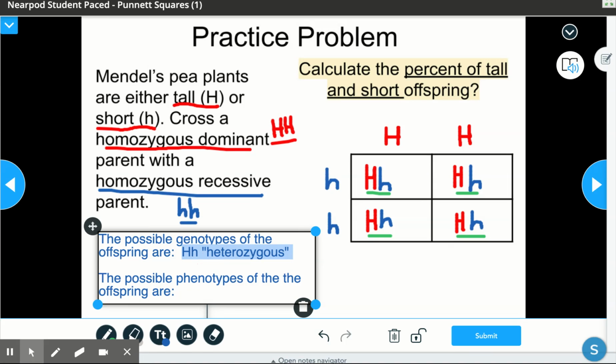That means that allele is the one that's going to determine the phenotype. And I can see that the uppercase H represents tall plants or tall allele. So since all of the offspring are heterozygous, that means all of the offspring must be tall plants.